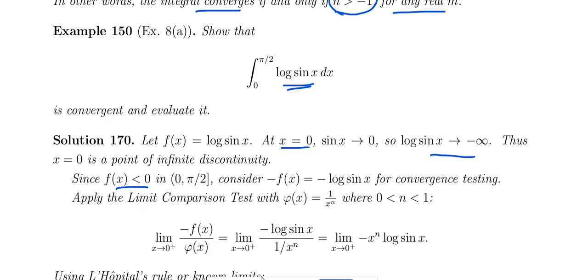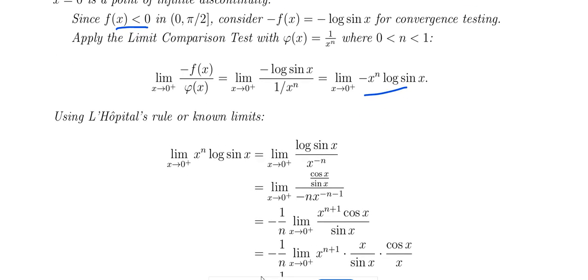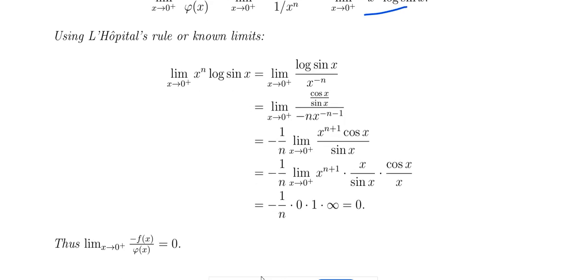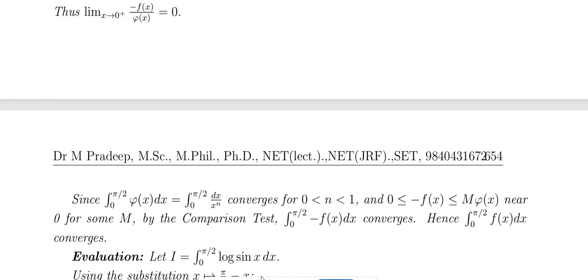So when applying the comparison test, take phi of x equal to 1 by x power n and proceed. This becomes minus x power n log sin x. Then when you apply L'Hopital's rule and proceed, we get 0. So it is a finite value.